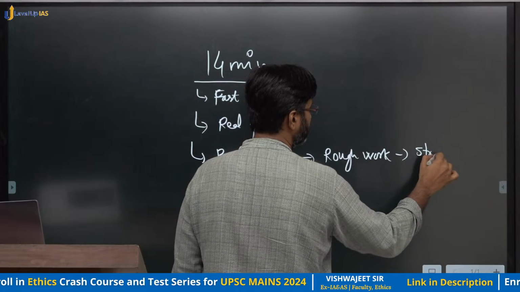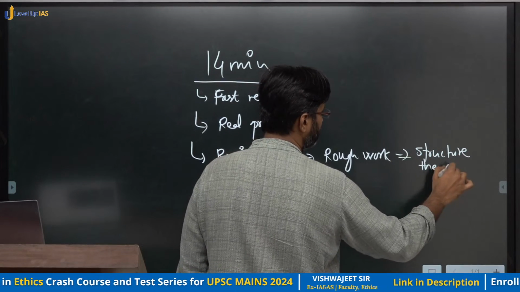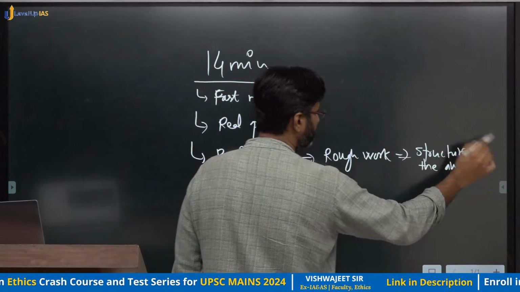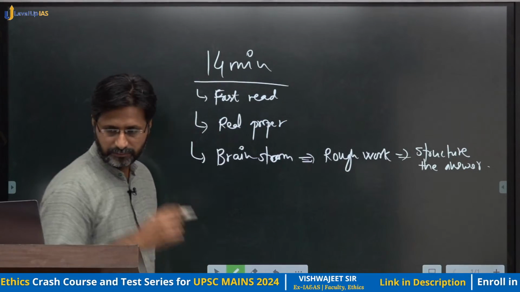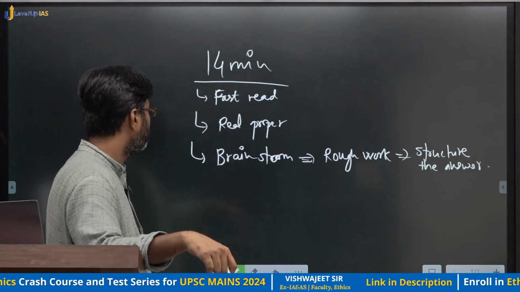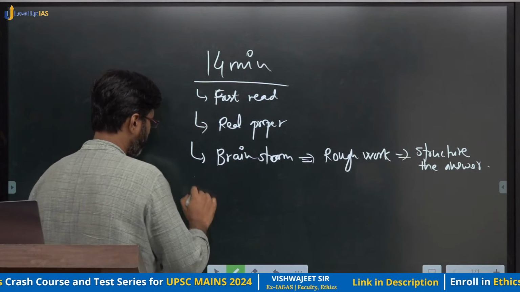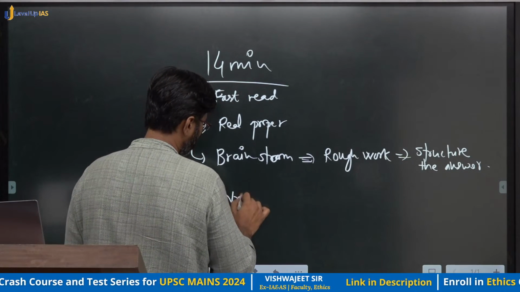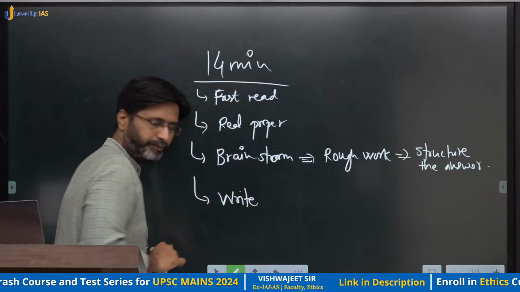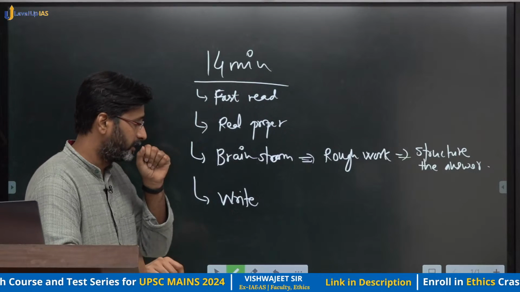Structure the answer, structure the write-up, whatever you want to call it. You have to structure it in your mind or on the side of your answer sheets as rough work. Then you have to write. These are all things you are required to do in that 14 minutes.